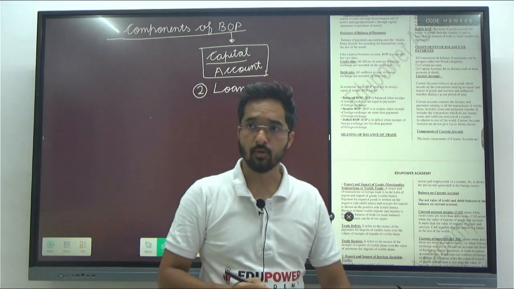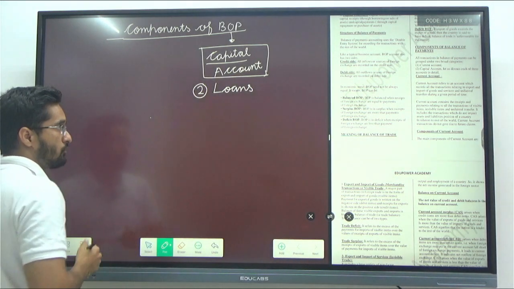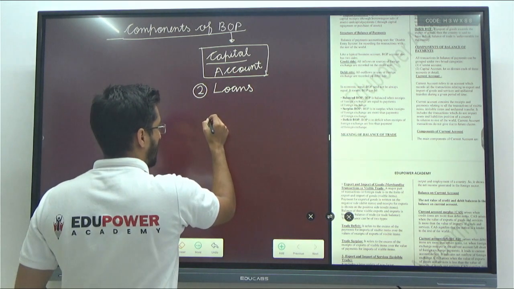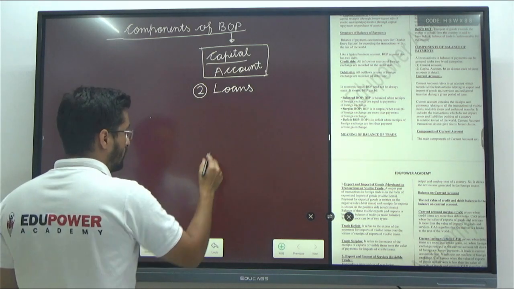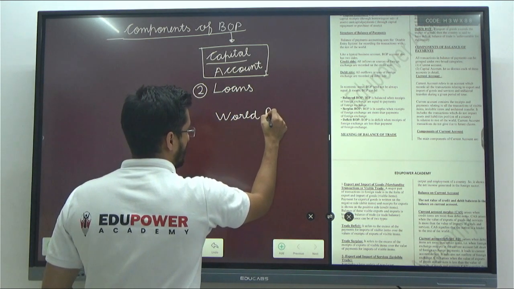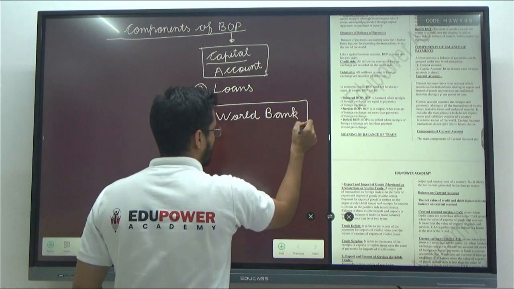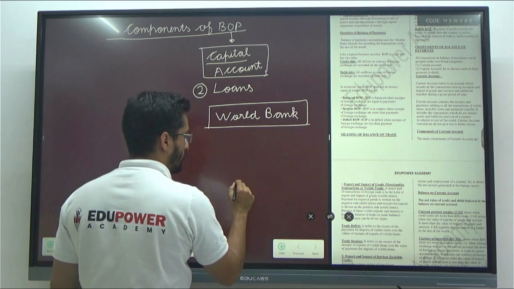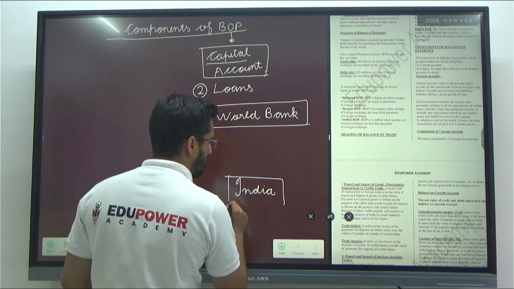So, for example, the Indian government wants to construct a flyover, and for constructing the flyover they are taking a loan from the World Bank. Okay, this is the World Bank. So, for constructing a flyover, the Indian government takes a loan from the World Bank.